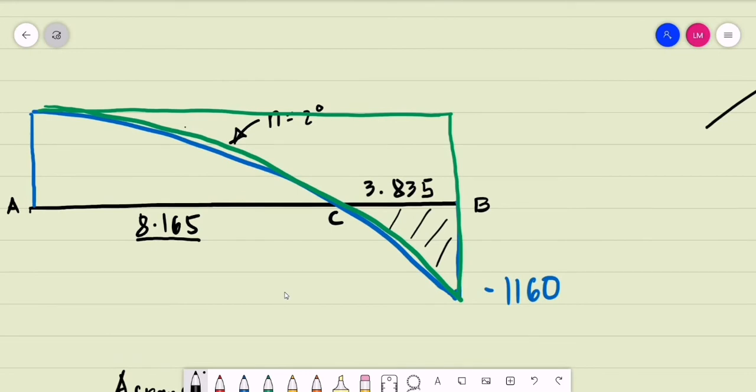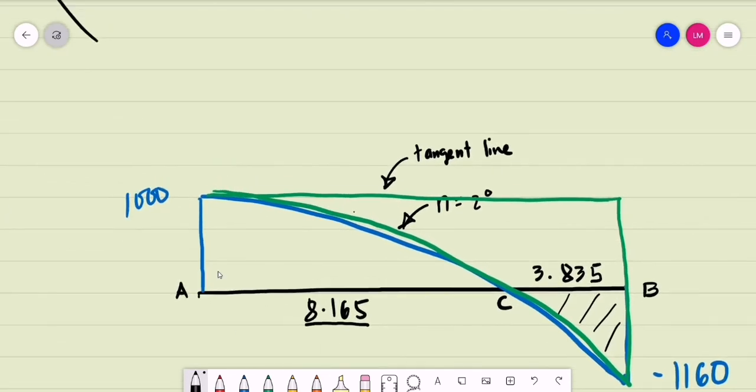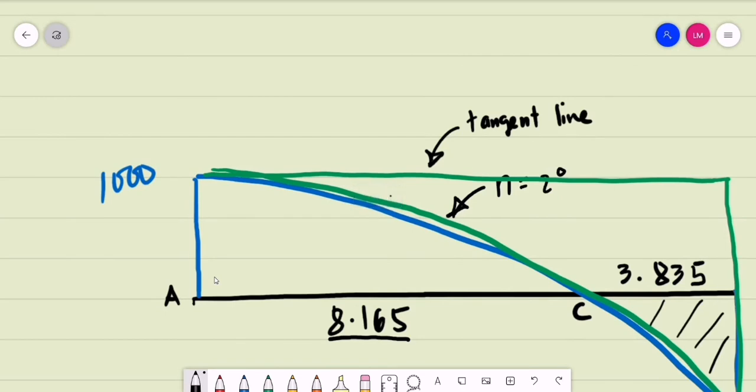Okay, we may divide our areas into 3. So again, we are only computing for the area of a spandrel if one of its sides is a tangent line. This is a tangent line, for a reason: the slope of the shear diagram at A is equal to 0.